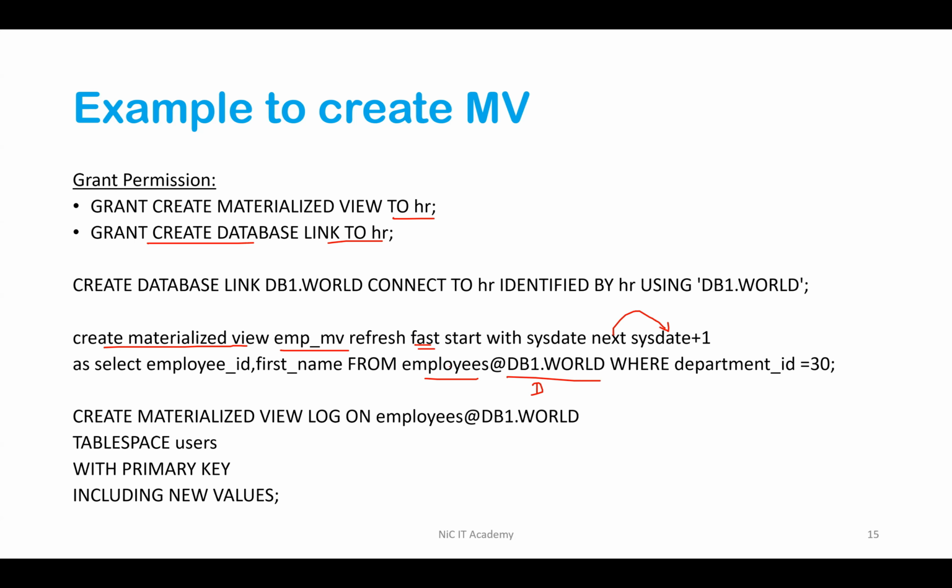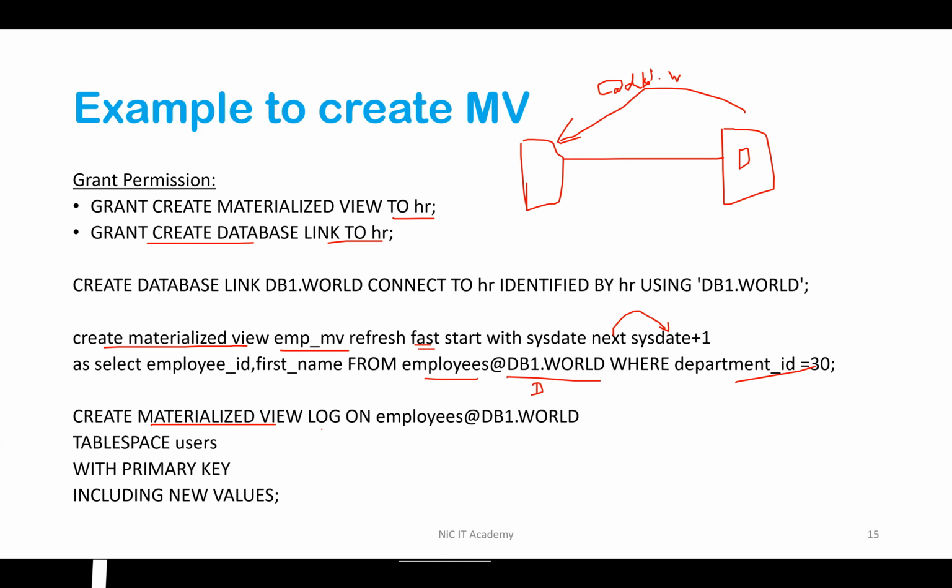You are creating this particular view in another database. So this is one, this is another one. Here you are creating by referring to the db link. This link name is called db1.world. Clear? Where department ID equals 30.